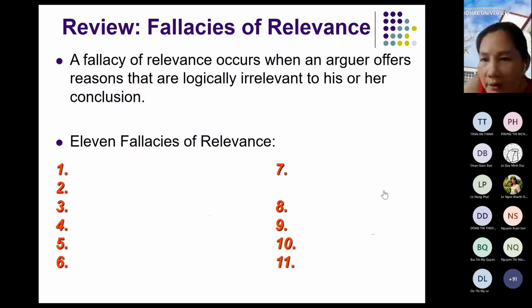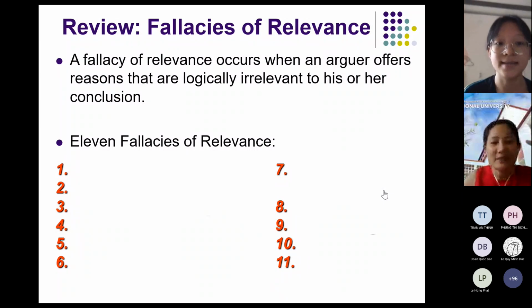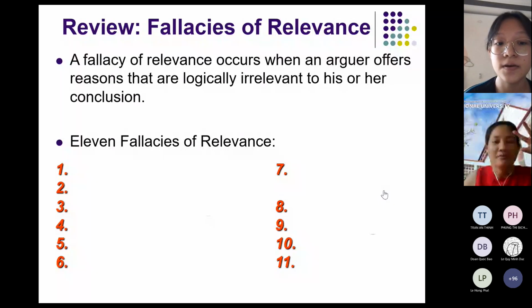I saw the hand from Lê Ngọc Khánh Đoan. Please turn on your camera. Let's start again. Number 1 is personal attack. Number 2 is attacking the motive. Number 3 is look who is talking. Very good.